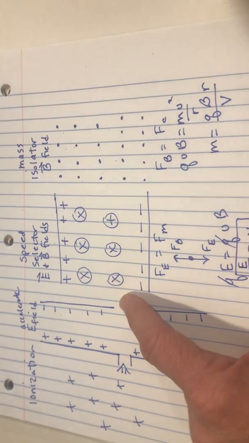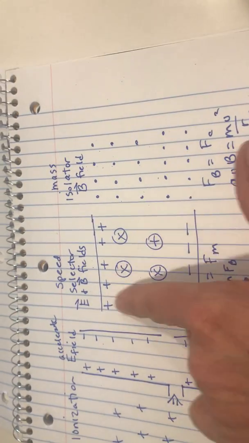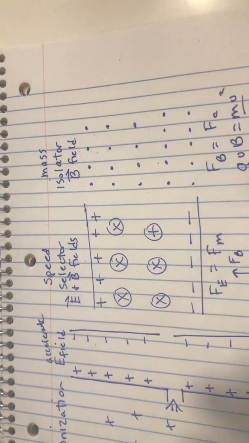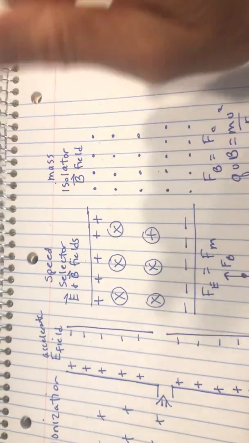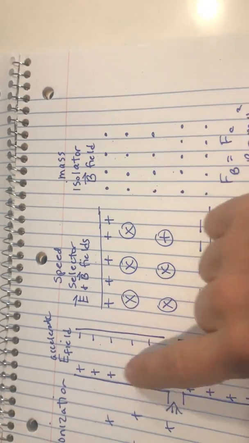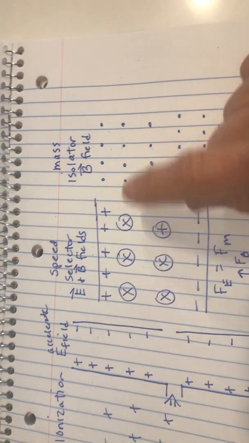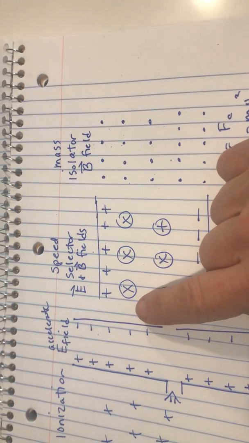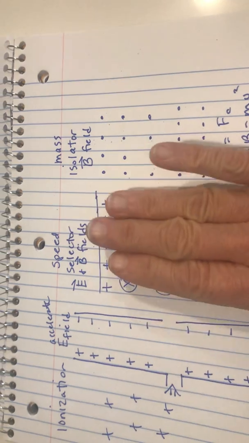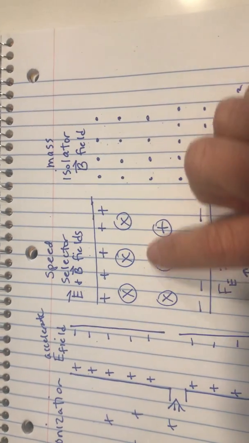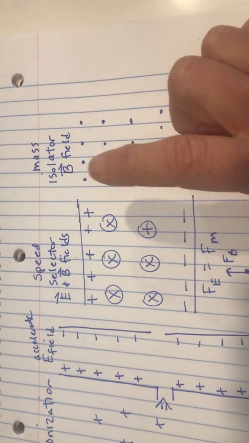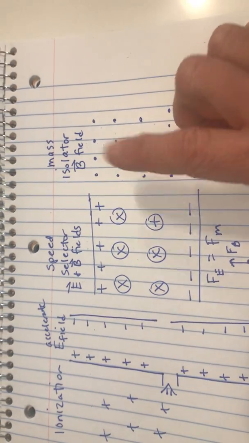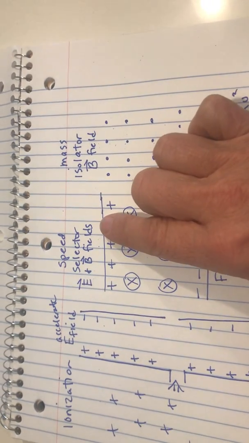Now, the third region, which is right here: we want only a certain speed to go straight through. If they're going too fast or too slow, we want them to curve up or down. So the goal of region 3 is to know exactly how fast they're going when we get to the end of that region. They do that with an electric and a magnetic field.